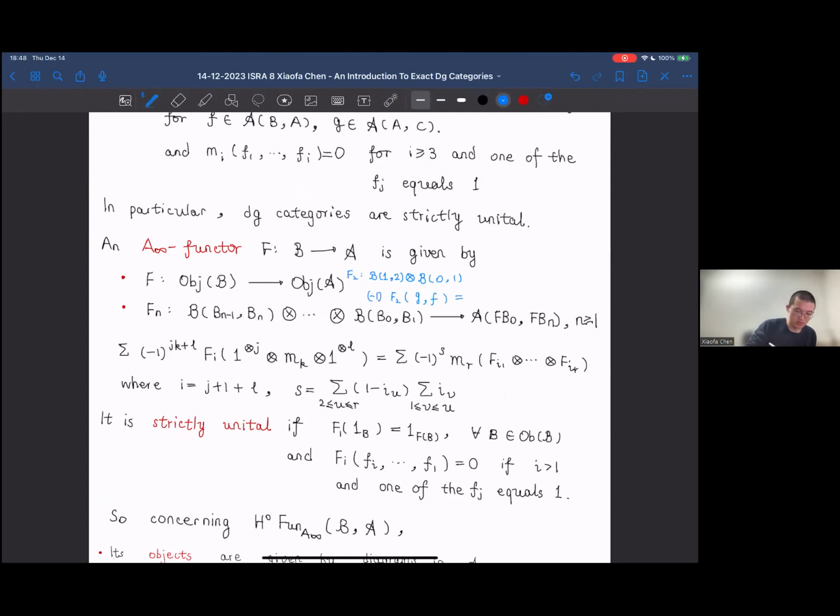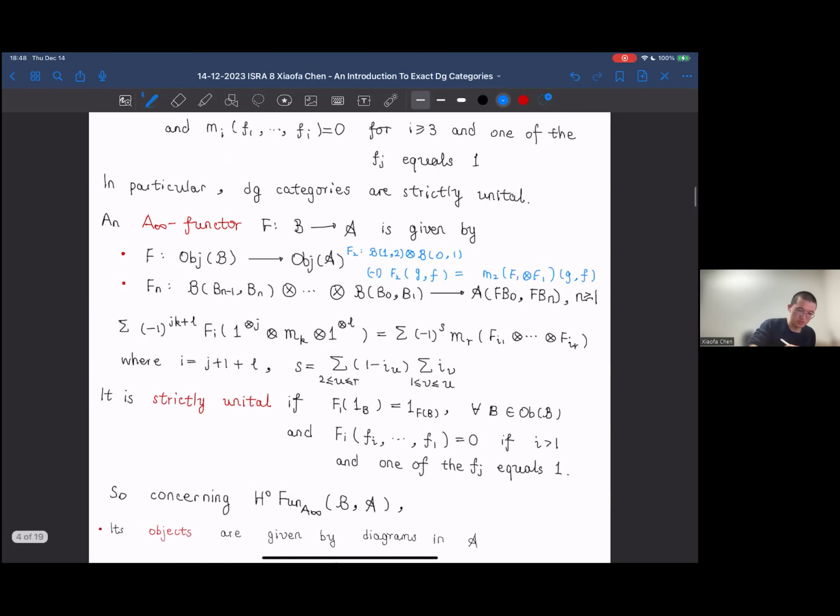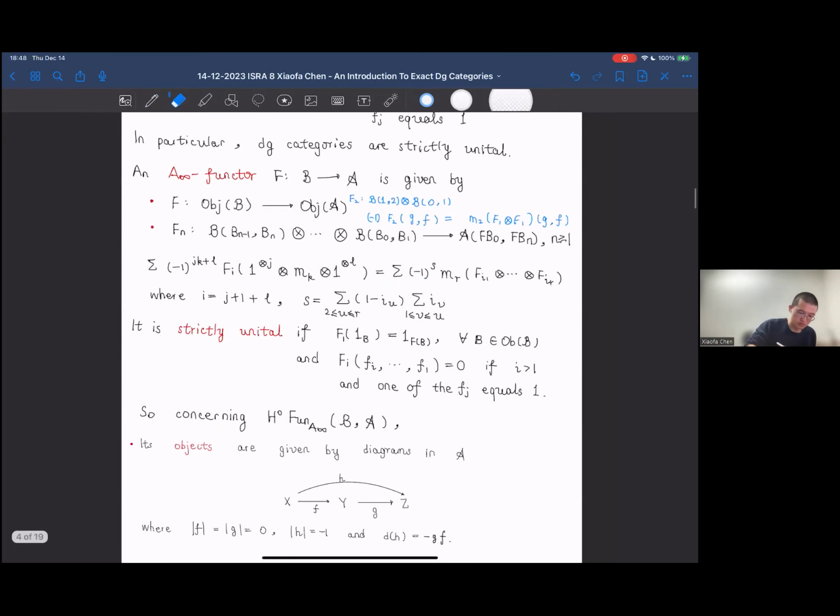And on the right-hand side, we can only apply m2 and F1 times F1 to G, F. So now this becomes our diagram here.